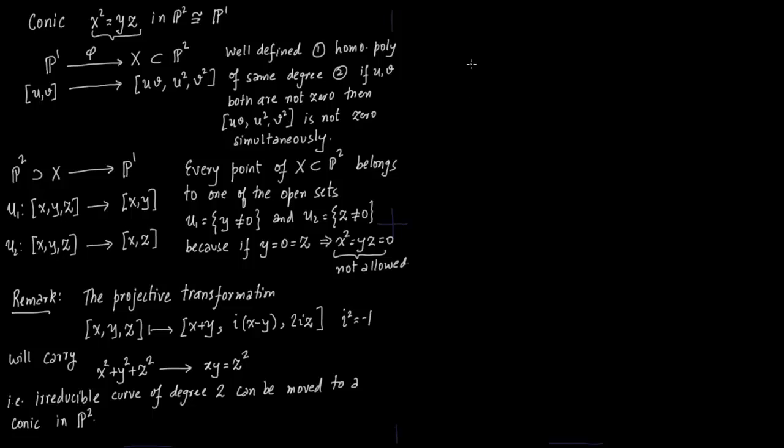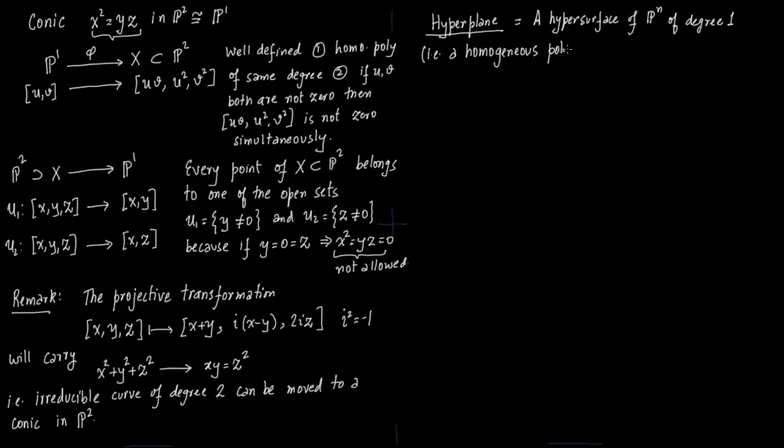Now let us talk a bit about hyperplanes. This we have discussed multiple times, but let us do some more activity with this. So a hypersurface in Pn of degree 1 is called a hyperplane. That is, this hyperplane is defined by a homogeneous polynomial of degree 1.